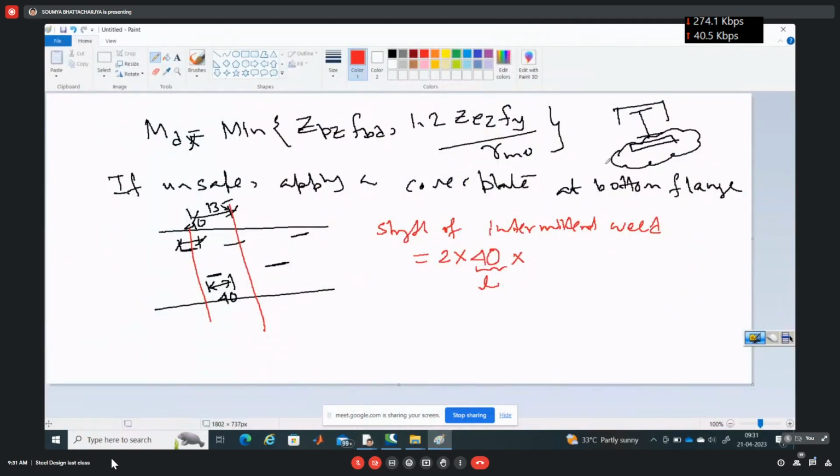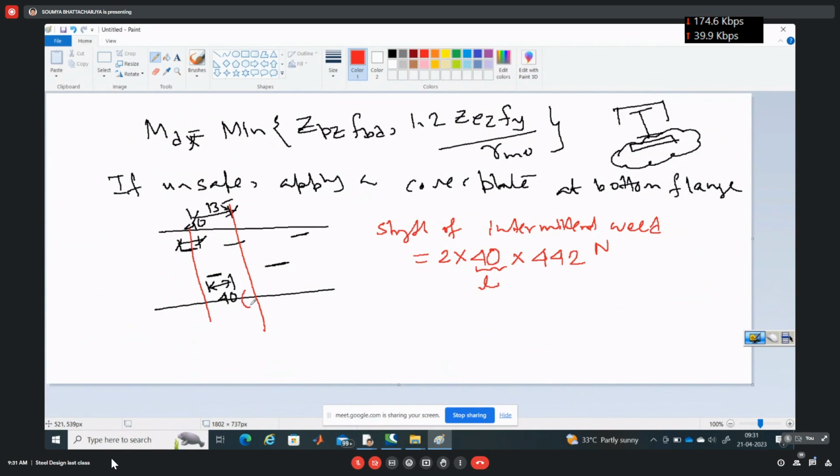So that multiplied by 442. So this is the total force in Newton, which is the strength of the intermittent weld in one spacing.